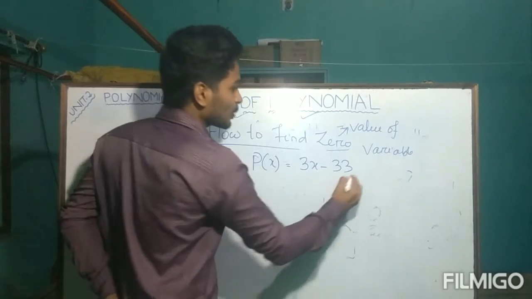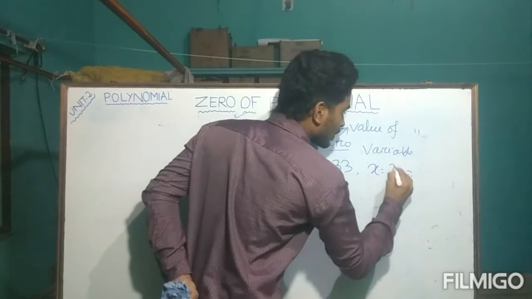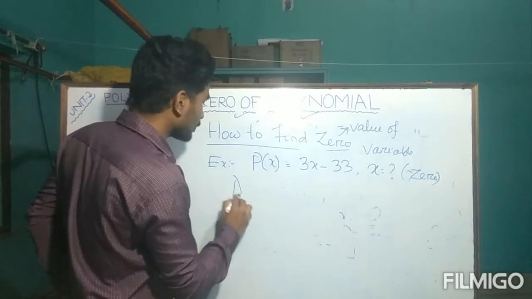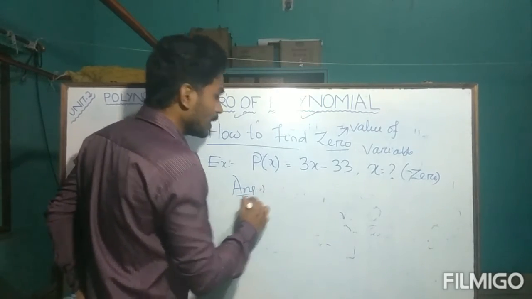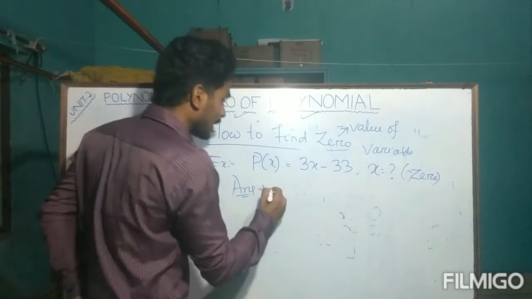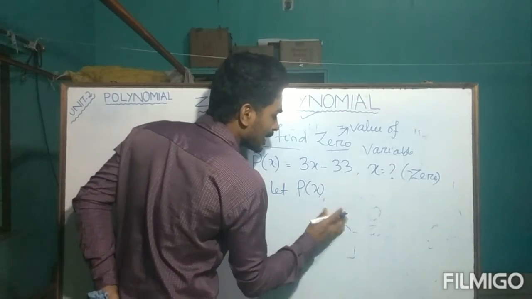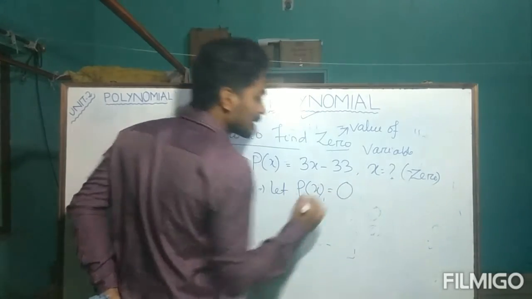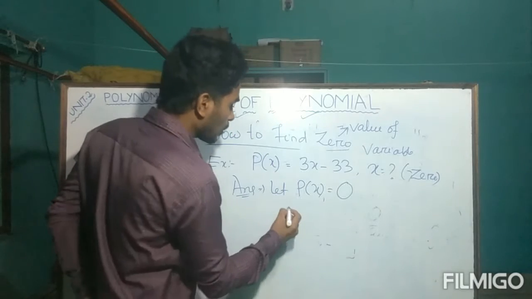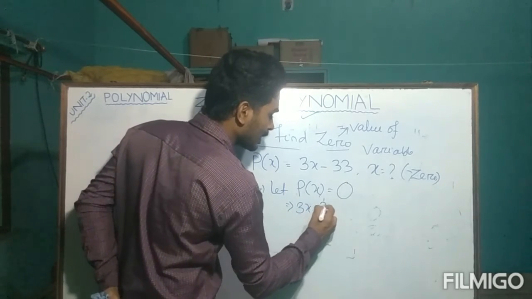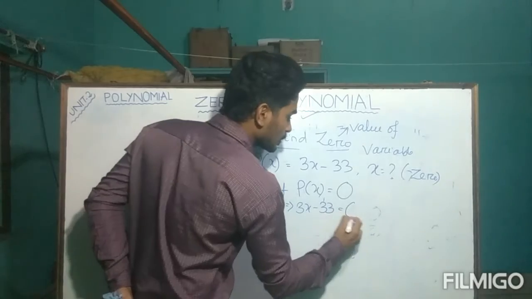Then the question asks us to find the value of x, or the 0. A similar procedure is followed here. We will assume that the value of p of x is 0. Clear? Now p of x, 3x minus 33, is equal to 0.